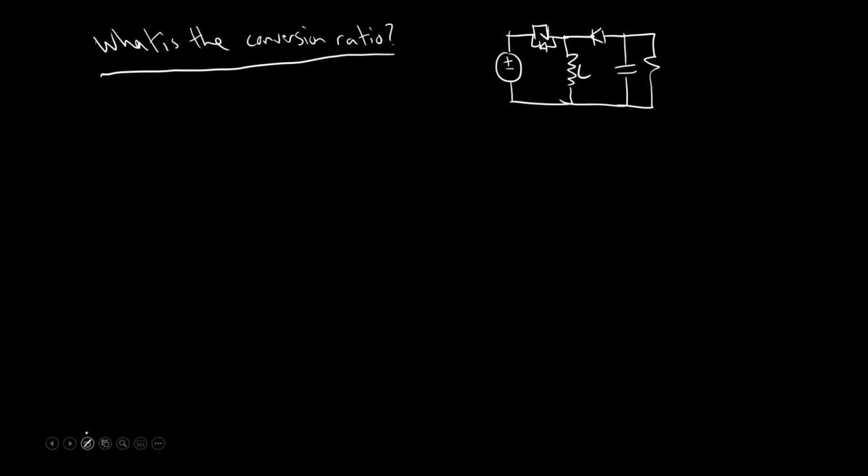So how do we do this? Well, we use inductor volt-second balance. That's one step. That'll give us one equation. And the first part is the same as CCM, right? So in the first interval, we apply VG. In the second interval, we apply V out. And again, it's positive. This conducts.